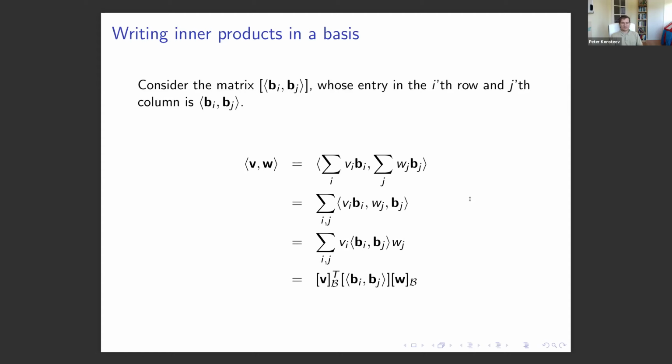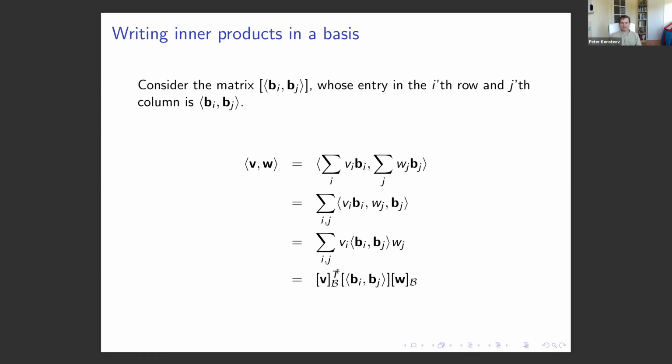We take the inner product of two vectors, v and w, do the basis expansion of each of them, and then apply the linearity properties. So we get the sum over i and j of b_i times this matrix, whose ij entry is the inner product of b_i and b_j, multiplied by w_j.